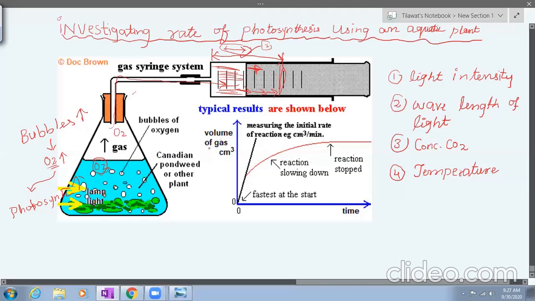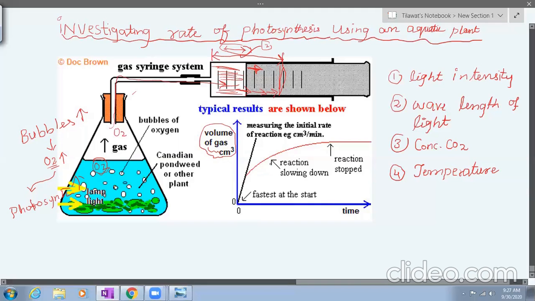Now, you can check here. This one side shows the volume of gas, right? Volume of gas in ml or cm cubed. So how much volume of gas did you collect? You will mention that on the y-axis. And here you can mention the time, how much time it takes, right?